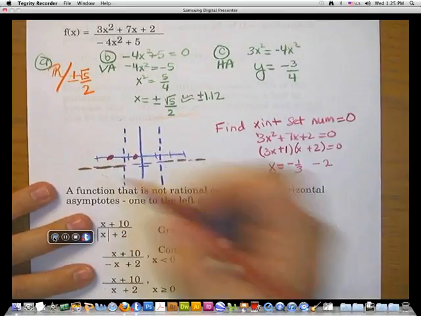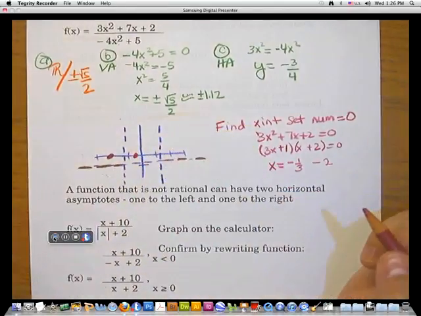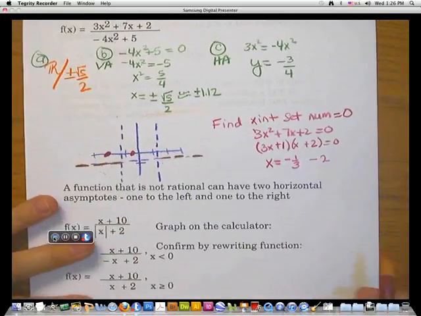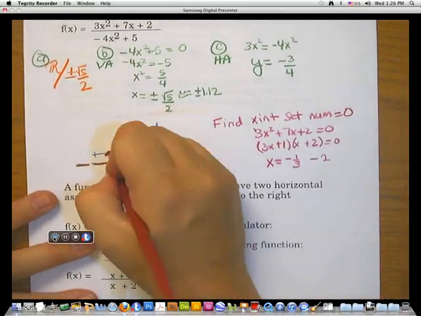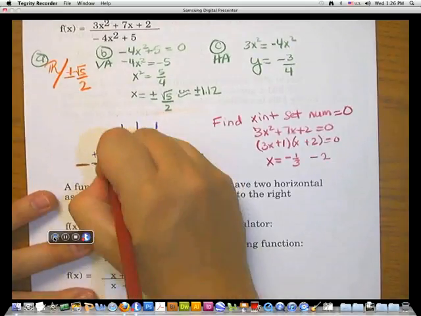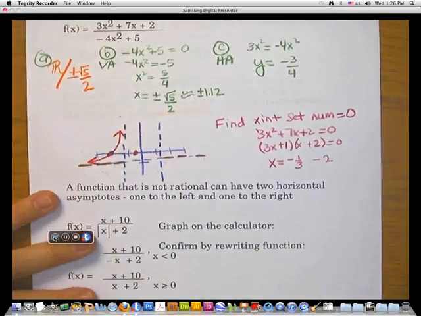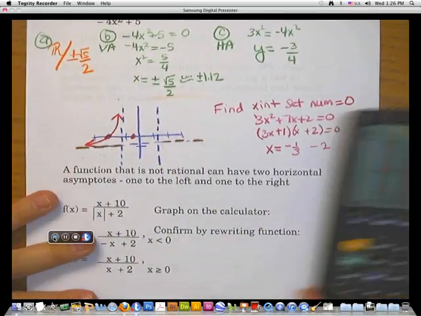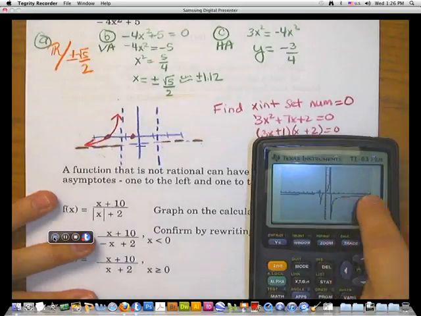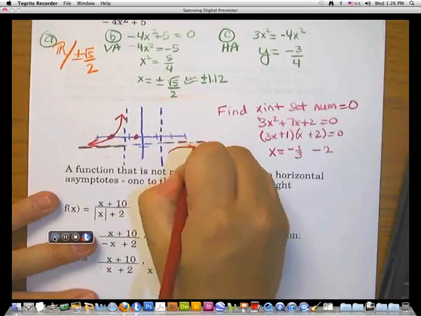So when I look at my picture or I pick some points, we also see that it's always going to approach our asymptotes. This point can only approach in one way. If I look at my picture, notice this one has a down one. So that's the only way it's going to approach.